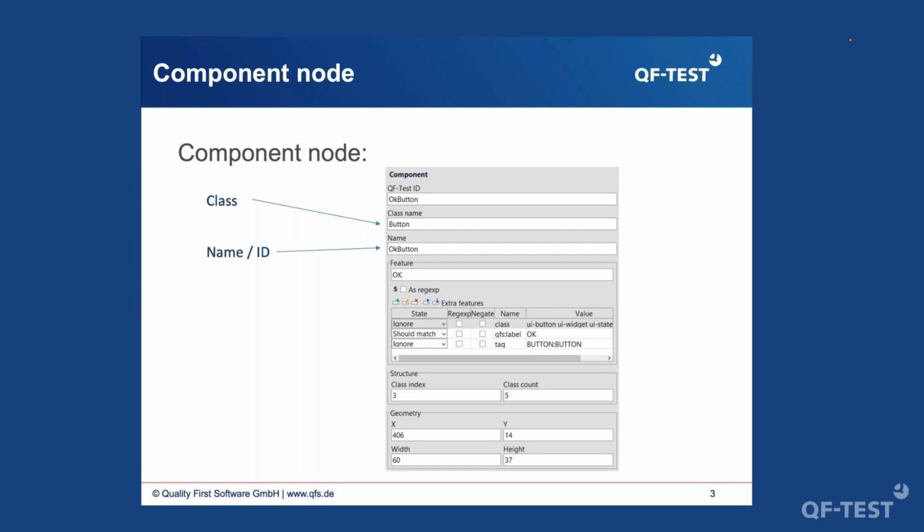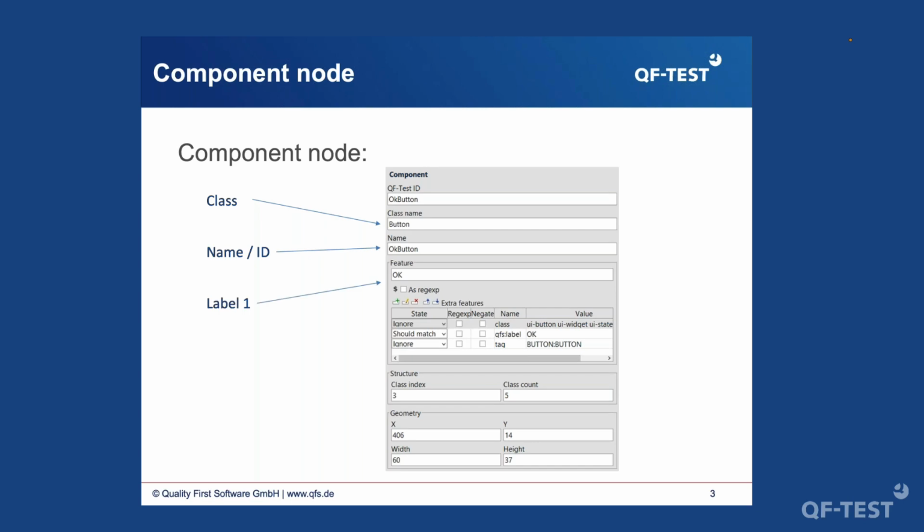developer-set attribute, which developers can directly set in the source code of your application, whether it's a web application, a Swing application, or an FX application. Besides this internal name, which is sometimes not that readable, like the OK button here, it could also be something cryptic. Besides this, we have the features.